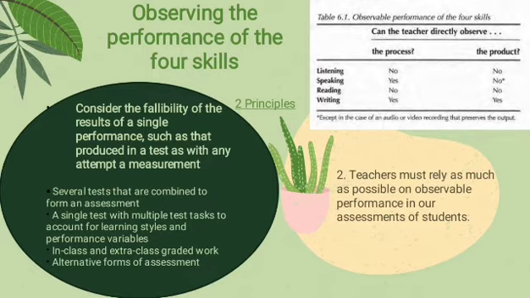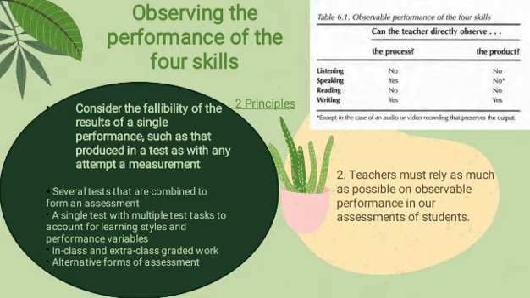For that reason, we as teachers should not rely on the result of a single performance, since there is a certain degree of fallibility, but we have to triangulate our measurements. That is, to consider at least two or more performances or contexts before drawing a conclusion.